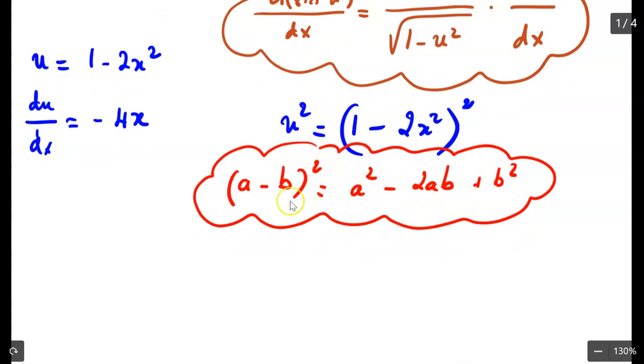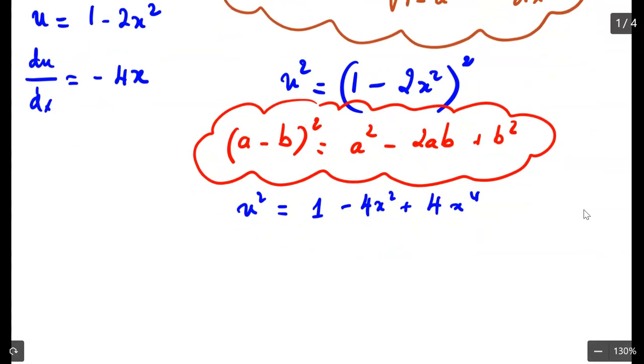However, if you don't want to remember this formula, you can always expand it by writing 1 minus 2x squared multiplied by itself one more time, and then multiplying them out. Following the formula, I will have u squared equal to 1 subtract 4x squared plus 4x to the exponent 4.